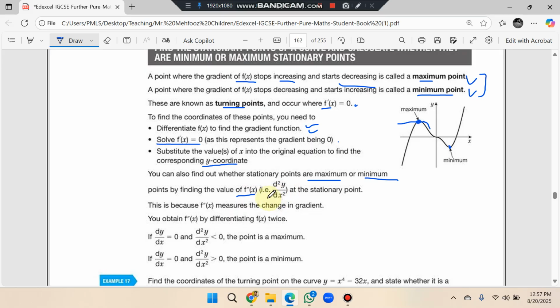It means that we can classify the stationary points by taking the double derivative of the given function. This is because f double prime measures the change in gradient. You obtain f double prime by differentiating f(x) twice.